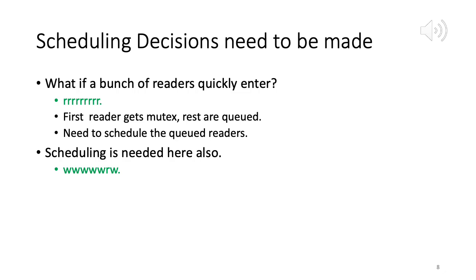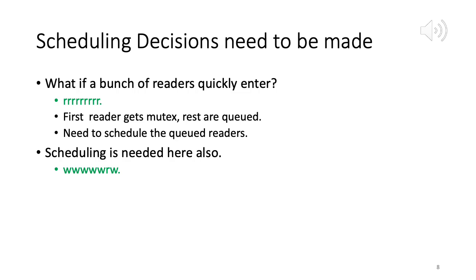Let's say the first writer acquires a lock, and now suddenly you have 1, 2, 3, 4 writers coming in, followed quickly by a reader, followed quickly by a writer. All of them will be queued on the read write mutex. So when the first writer releases the read write mutex lock, which of these will get the lock?